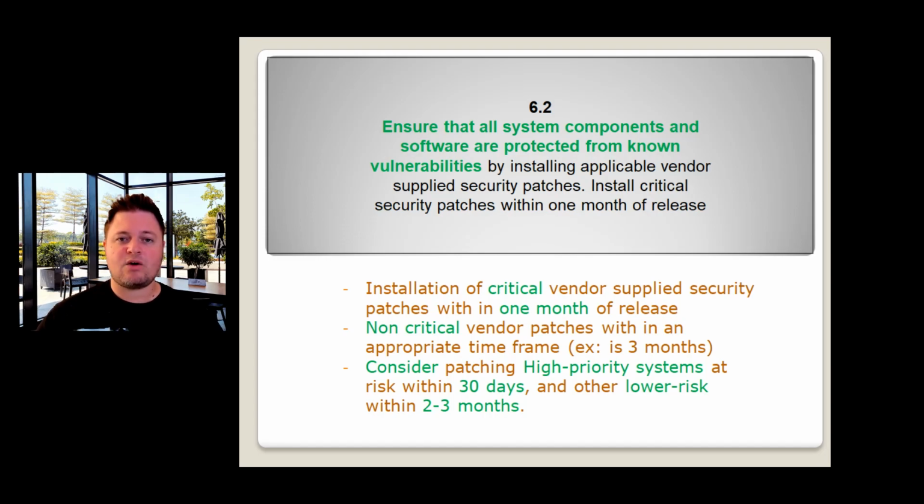The biggest takeaway from this slide is critical releases, make sure they're installed in 1 month. Non-critical releases, make sure they're installed within 3 months. That's the biggest takeaway from this one: to protect the components from known vulnerabilities.